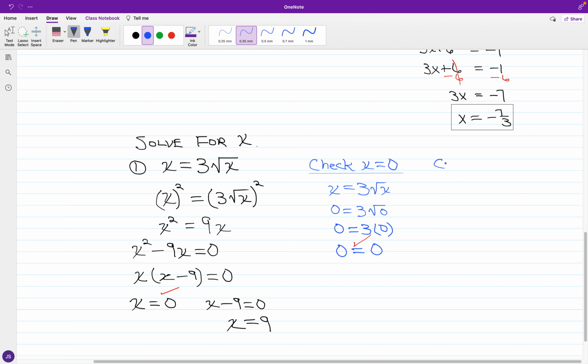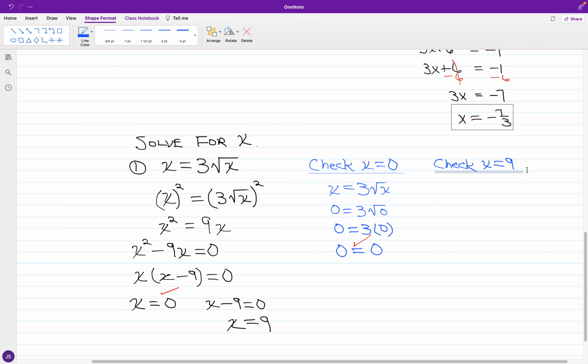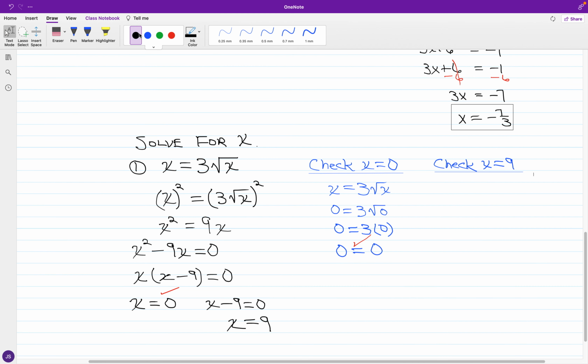And as for the case of checking x is equal to 9, again, same equation, different input to test. So with x at 9, we have 9 is equal to 3 times the square root of 9.